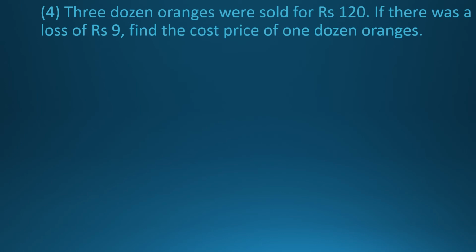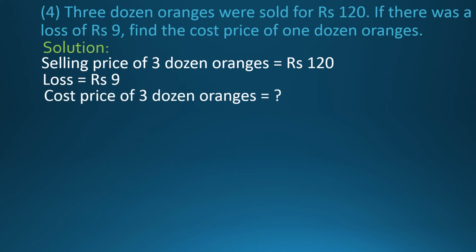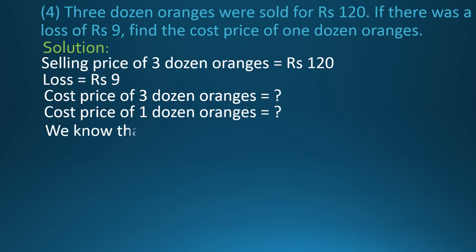Question number 4. 3 dozen oranges were sold for rupees 120. If there was a loss of rupees 9, find the cost price of 1 dozen oranges. See, selling price of 3 dozen oranges is equal to rupees 120. Loss is equal to rupees 9. In this question, first we find out the cost price of 3 dozen oranges and then we find out the cost of 1 dozen oranges. We know that CP is equal to SP plus loss.